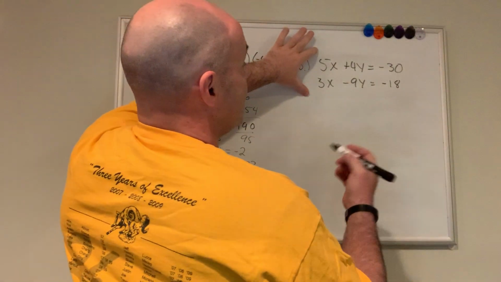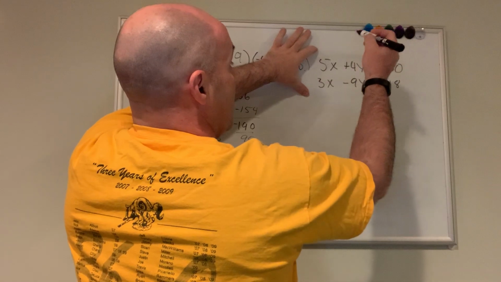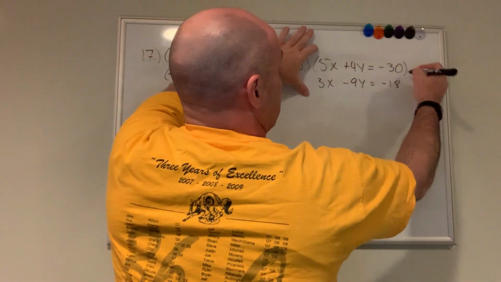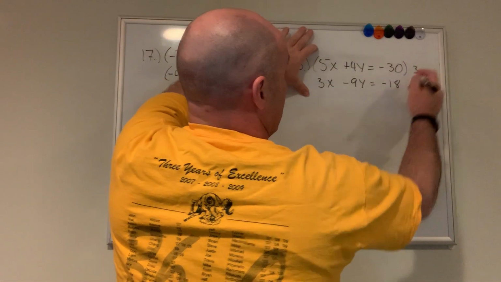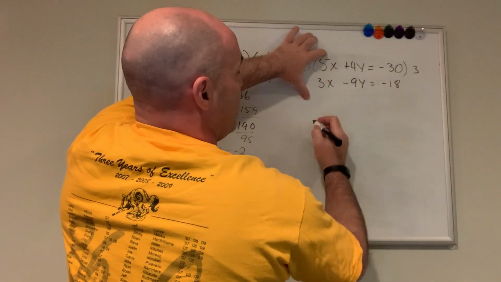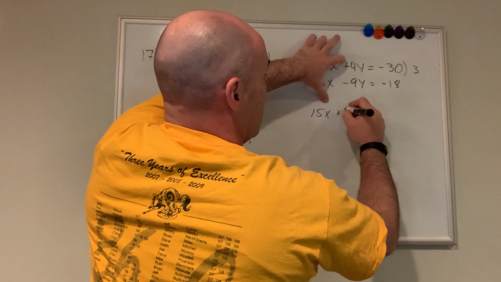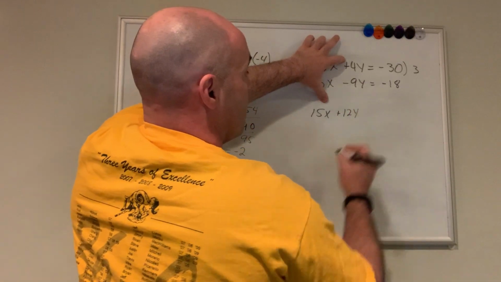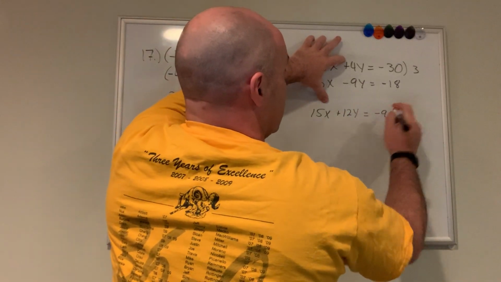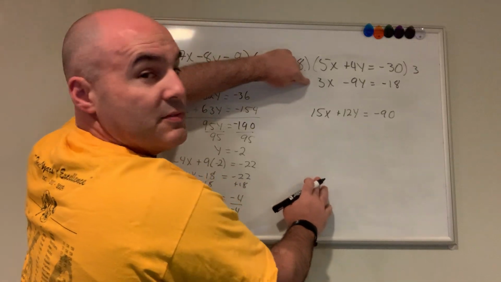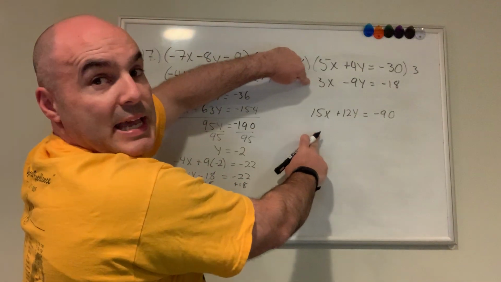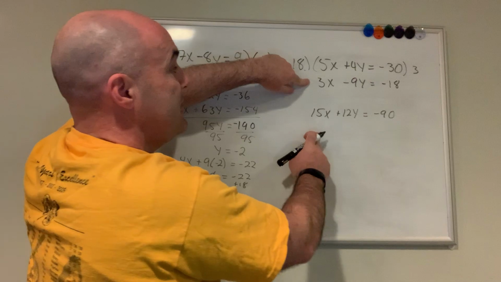So I'm going to multiply the top one by a positive value. Okay, so 3 times 5 gives me 15x, and 3 times 4 gives me 12y, and equals negative 90. Now the bottom one, we're going to have to change the sign because we need it to cancel out, so we need to get it to negative 15x.